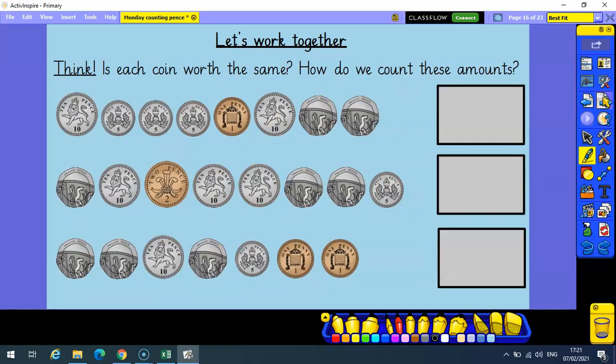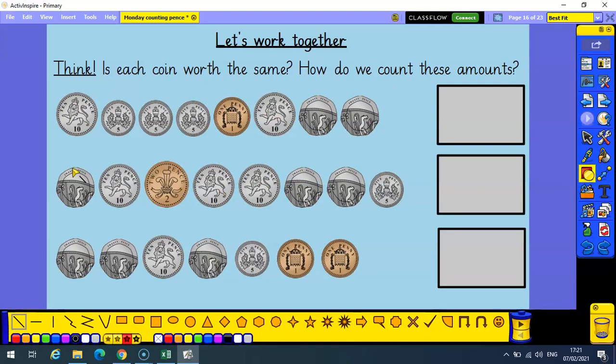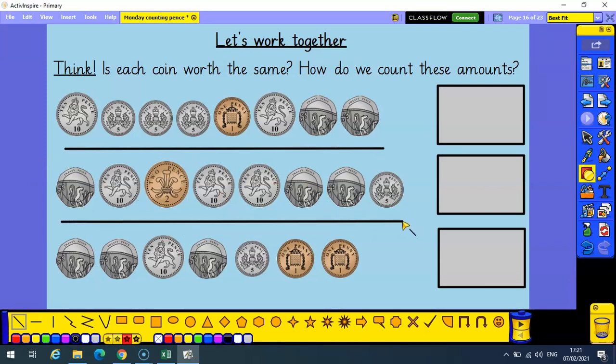Oh no, not again. Let's do it again then. Looking at each row, remembering to count our coins really carefully.